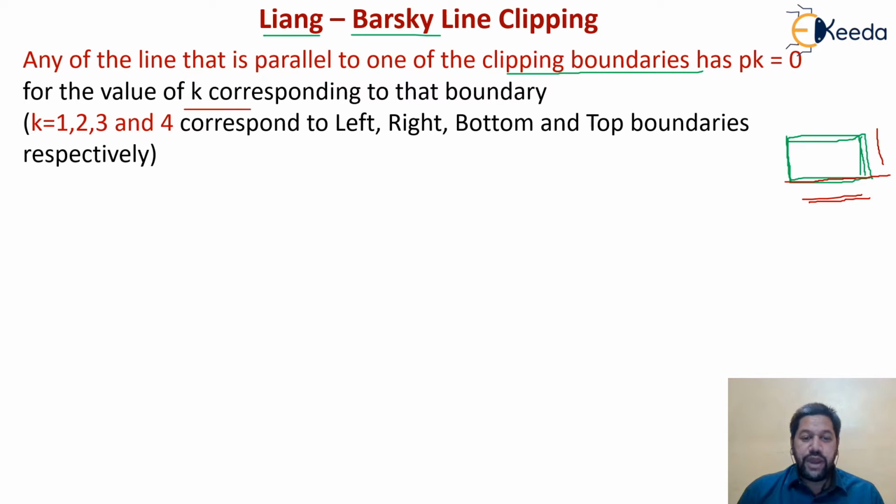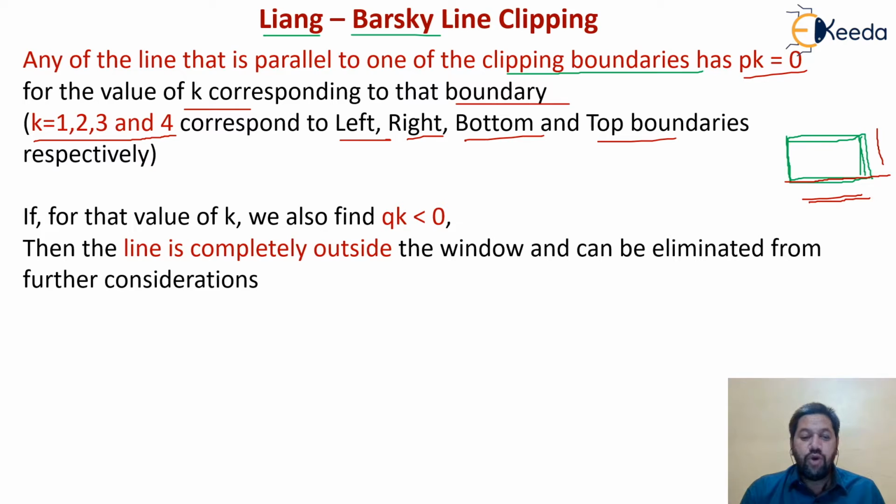For the value k corresponding to the boundary, pk is equal to 0, where k is 1, 2, 3 and 4: 1 indicates left, 2 indicates right, 3 indicates bottom, and 4 indicates top boundary respectively. So first we consider whether the line is parallel to one of the clipping boundaries or not.